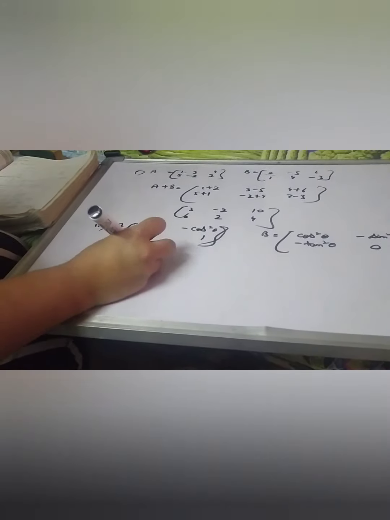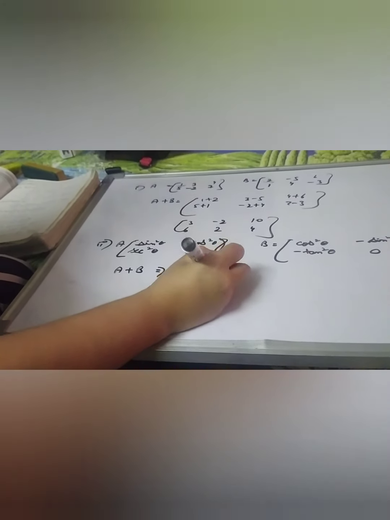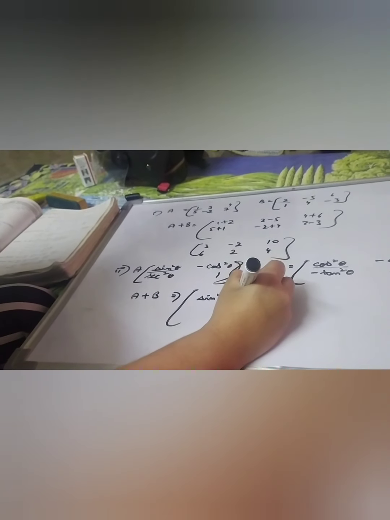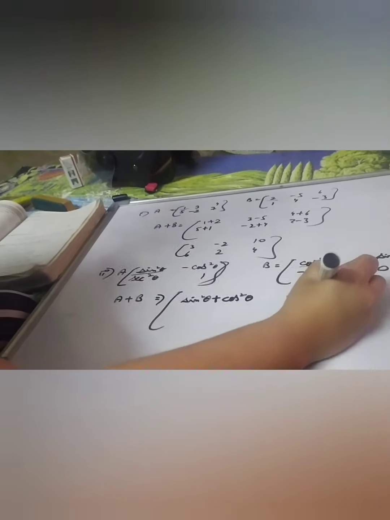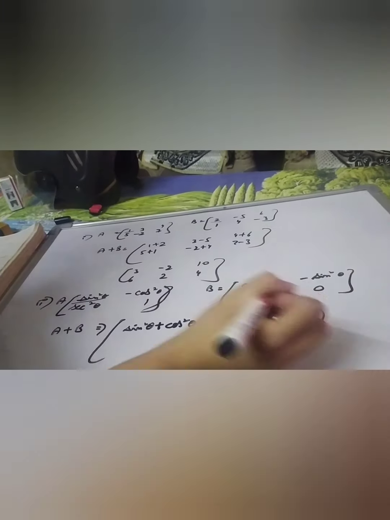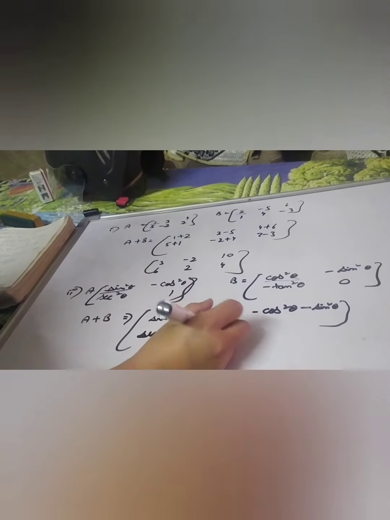Addition of the two, A plus B. Here also we add the corresponding elements of the two matrices. Sin square theta plus cos square theta, minus cos square theta minus sin square theta, secant square theta minus tan square theta.